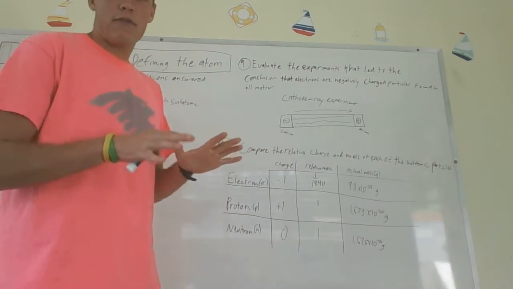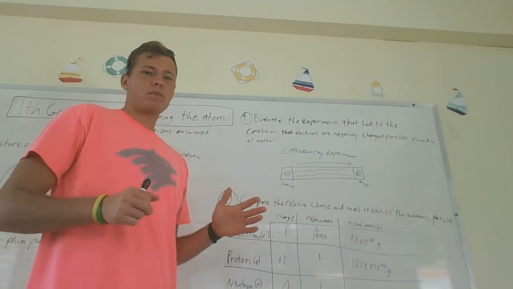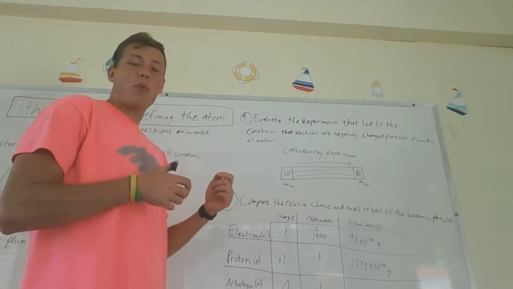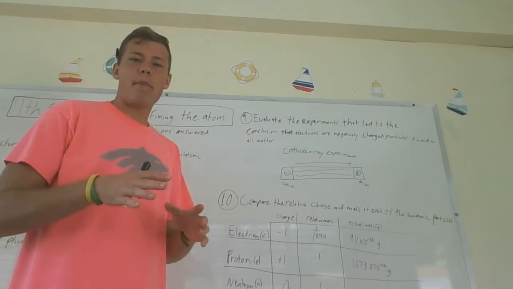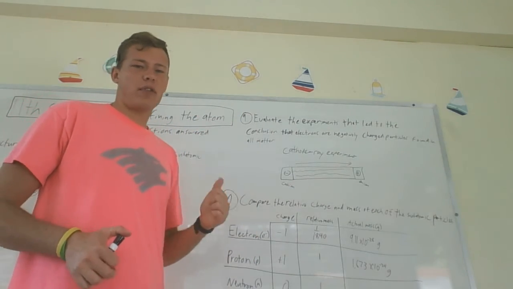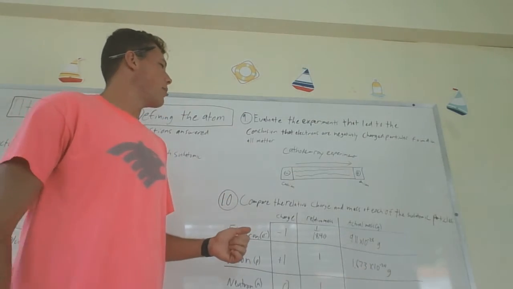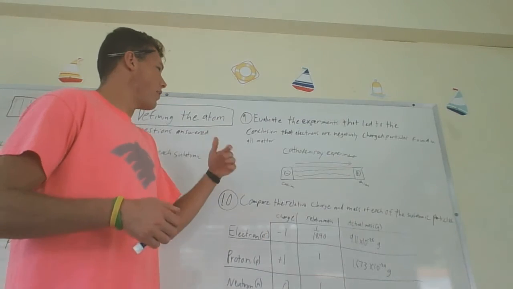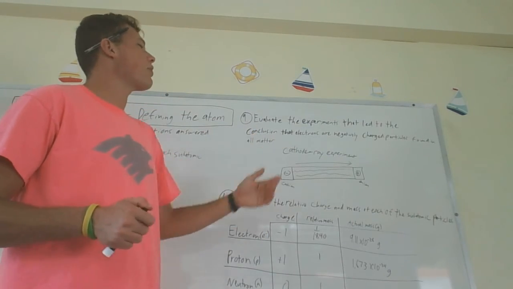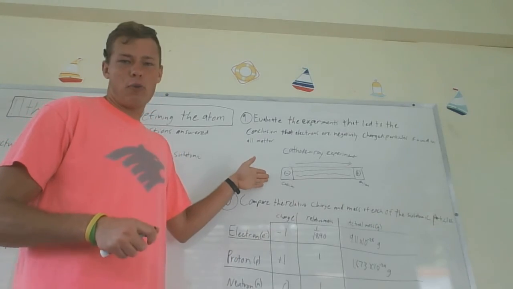And then they did different experiments where they changed the variables. They tried different metals, they tried different levels of charge, and no matter what, there always were electrons. They're like, look, electrons must be in all matter. So the conclusion was that electrons are found in all matter, but the experiments they did were with the cathode ray.